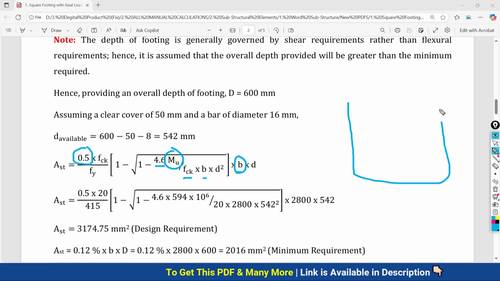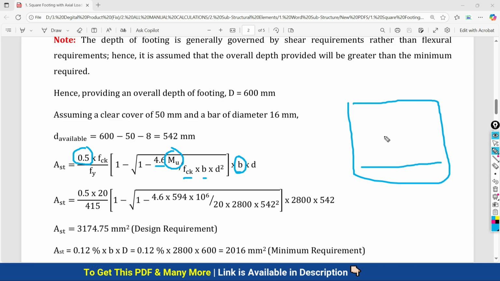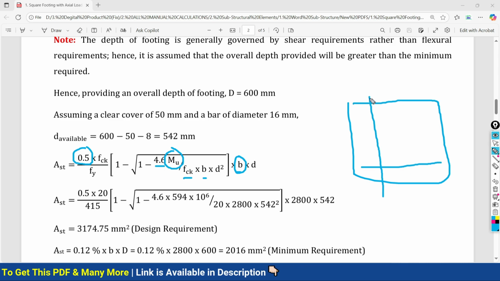If you are going to do the calculation along this direction, the transverse, perpendicular dimension in this direction is what?